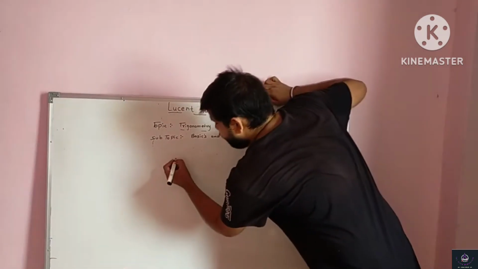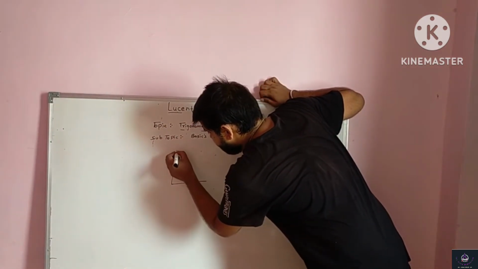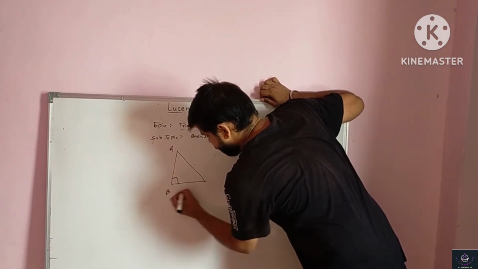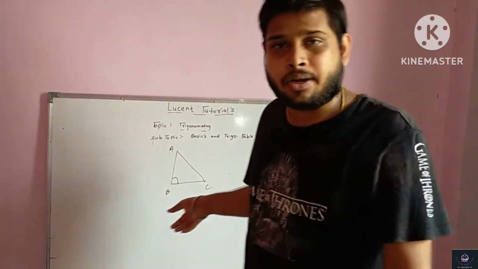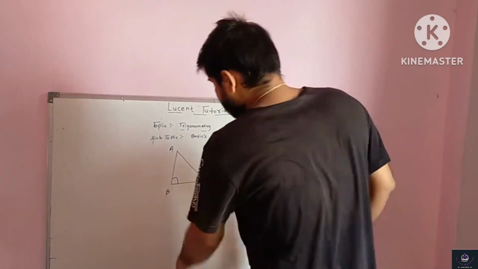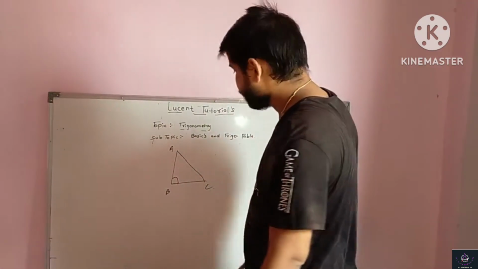So here we have a right angle triangle. We will call it ABC, and this angle should be 90.